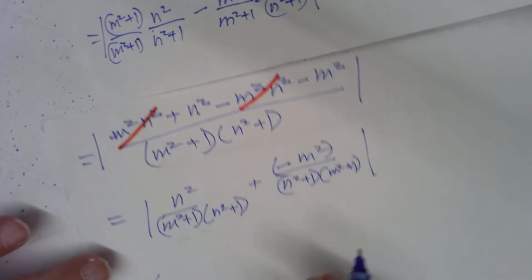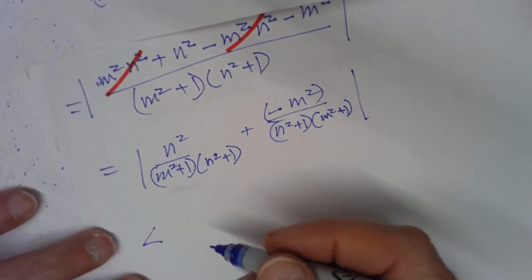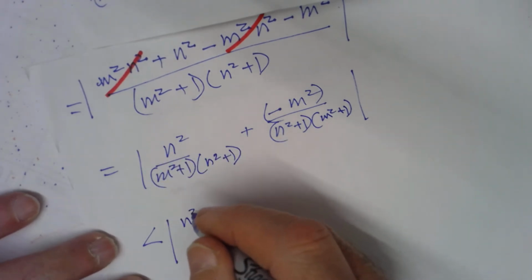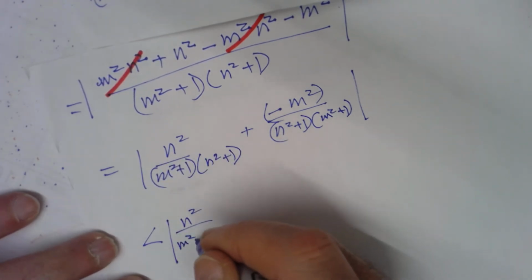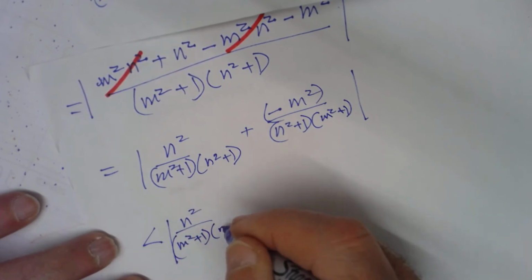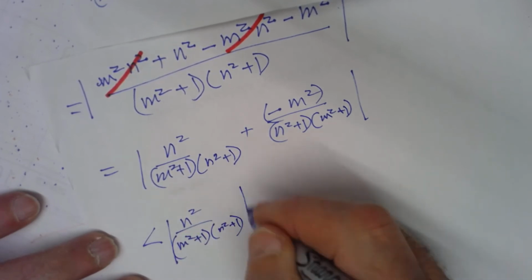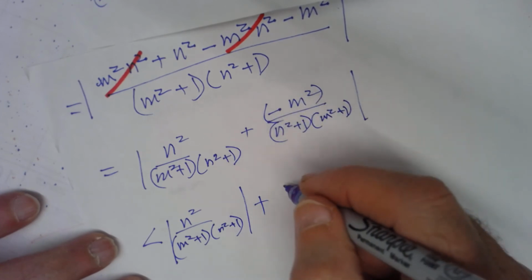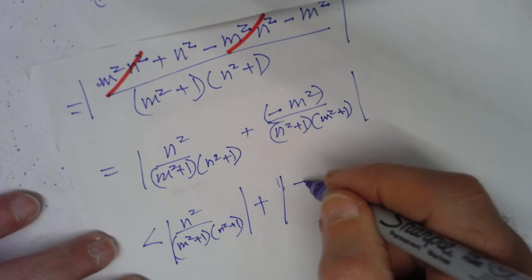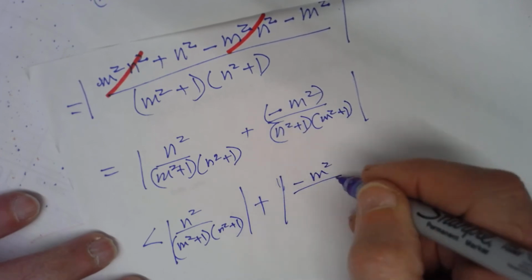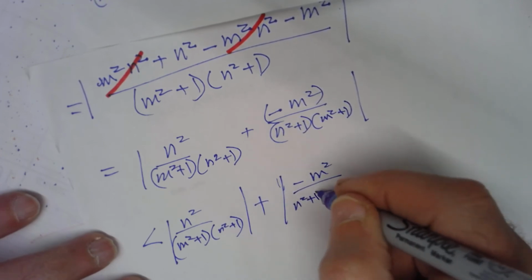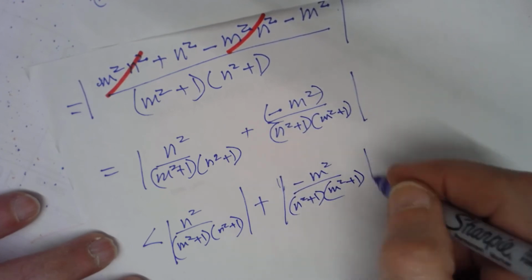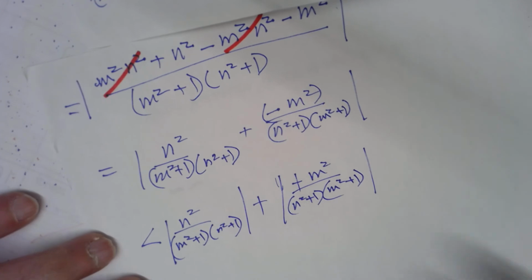Okay, and then through the triangle inequality, we know that this expression will be less than n squared over m squared plus 1, n squared plus 1, plus, and then because this is an absolute value of a negative, m squared over n squared plus 1, m squared plus 1. Because this is an absolute value, that negative goes away.